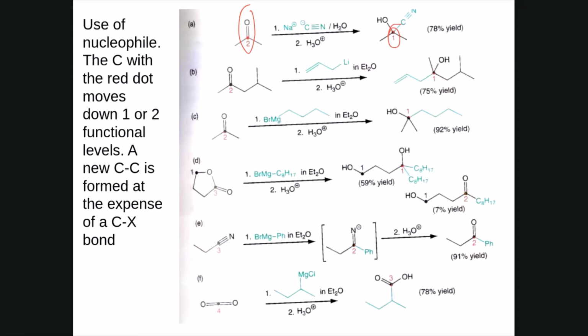But we have not only reduced the level, we have added a carbon bond to our structure. And as you can see, all the reactions in this example contain that sort of transformation, either one level, from a level 2 to a level 1, or even down 2 functional levels.